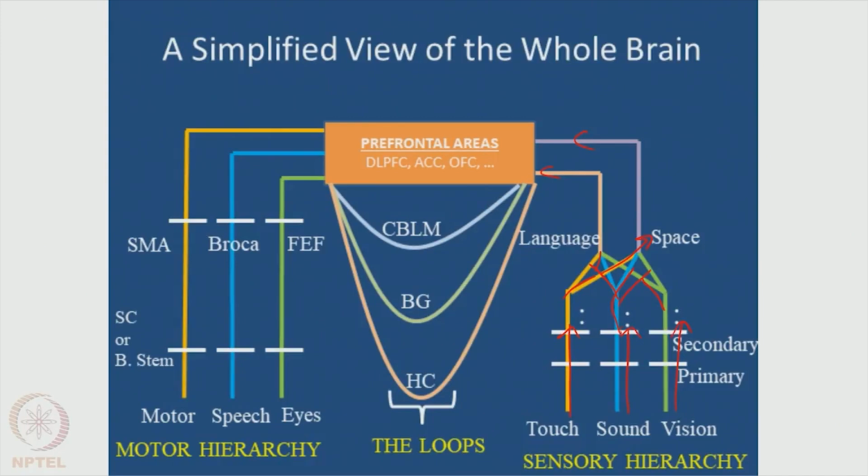We thought of the prefrontal area as some kind of a gate which decides what to do with the information that comes from the sensory cortex, and then based on the decision it sends out motor commands which go through multiple motor pathways.